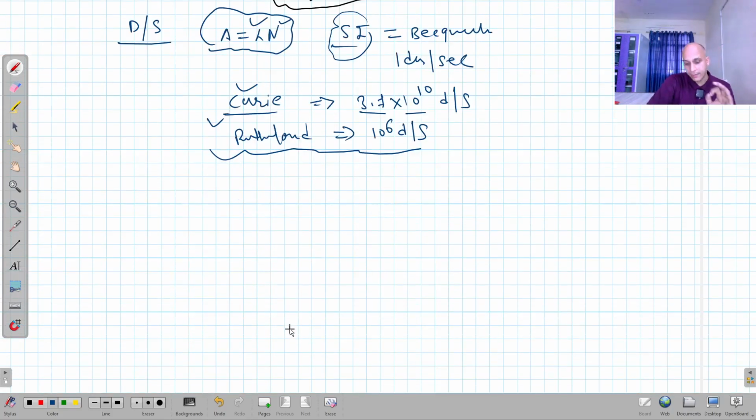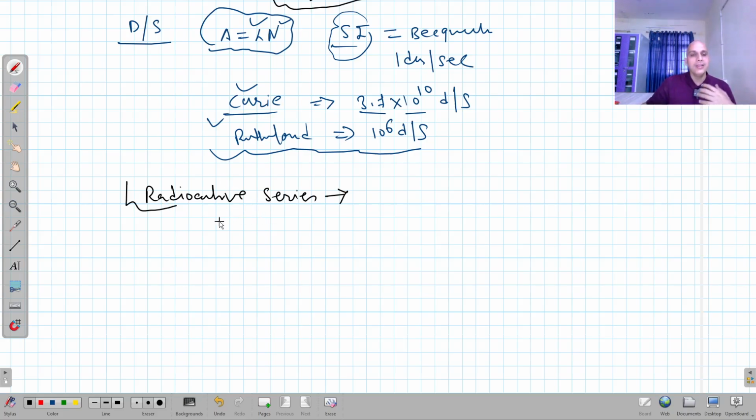Now I am coming to a very important topic, that is radioactive series. If we look at all the radioactive nuclei present in nature, it is found that all these nuclei can be divided into 4 different series.